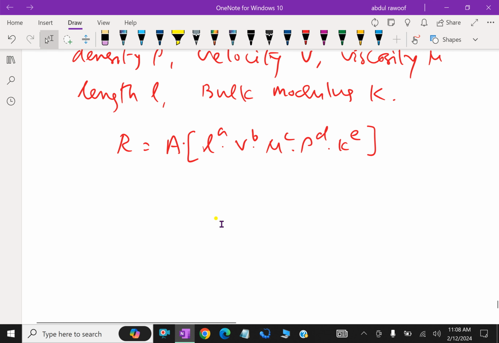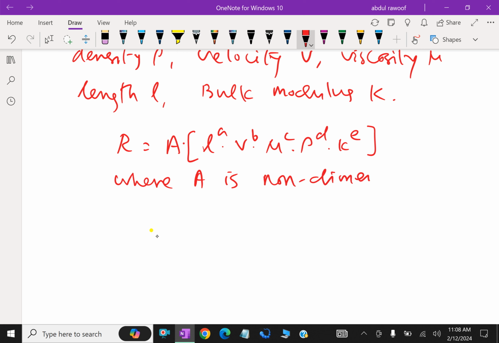There are 5 dependent variables, where A is a non-dimensional constant.